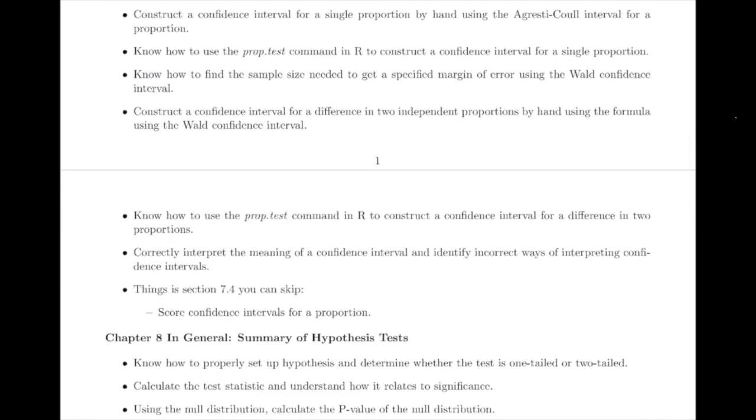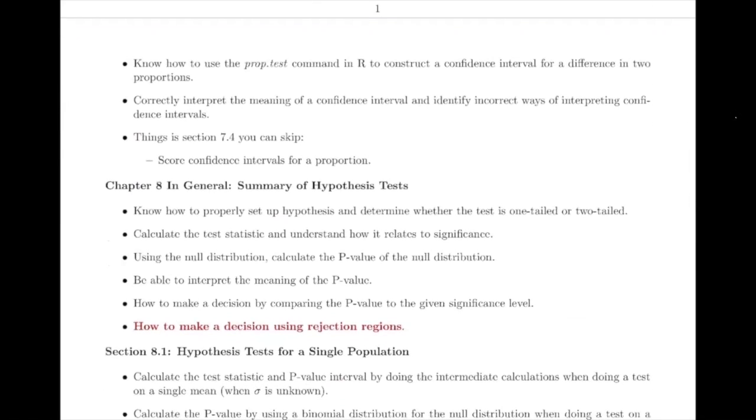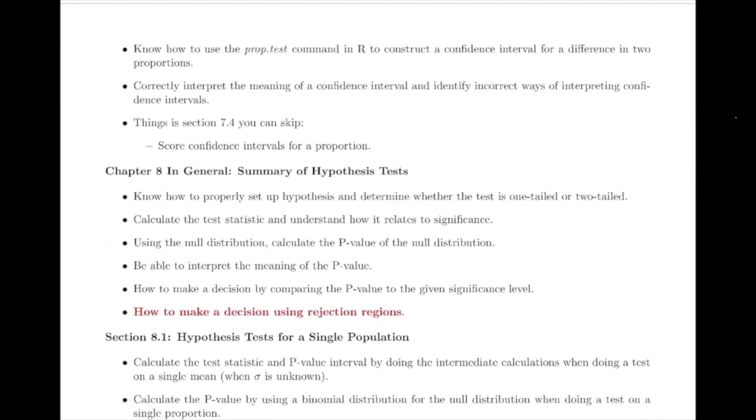Okay, and then lastly, we talked about hypothesis tests, and the stuff in red was just the stuff that we've covered since the homework assignment. So for example, rejection regions weren't on the homework assignment, but we just talked about them on Monday.